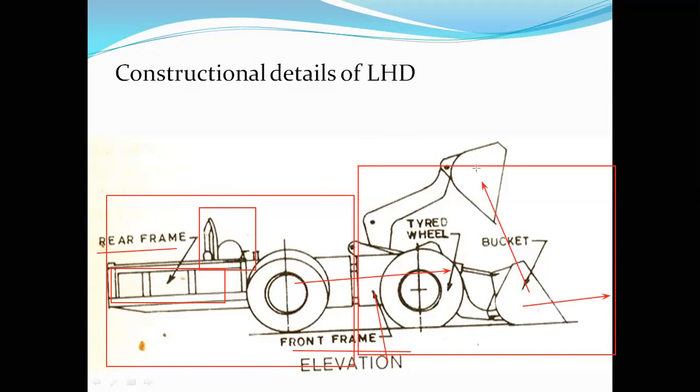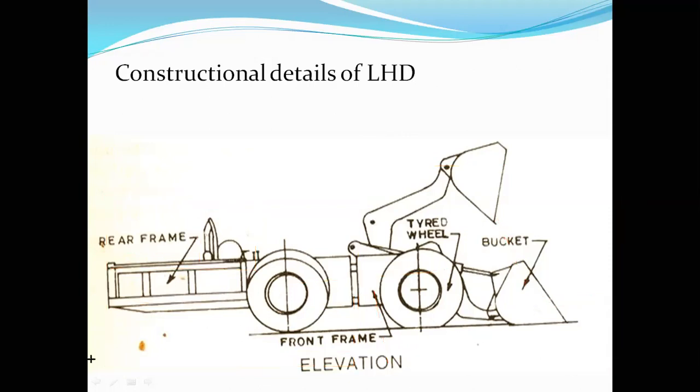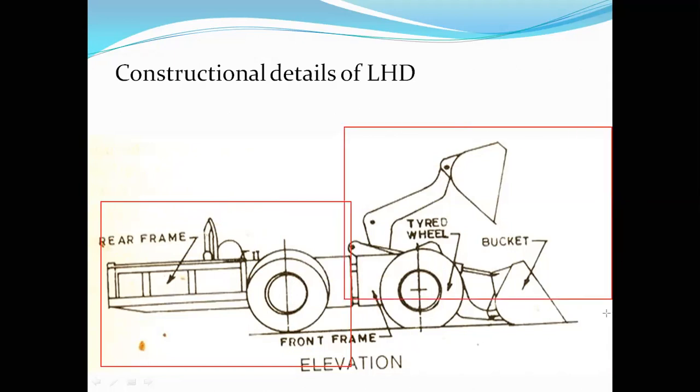Just to repeat, if you look at the construction details, it consists of two components basically. The first one is called the rear frame. This one is called the front frame.